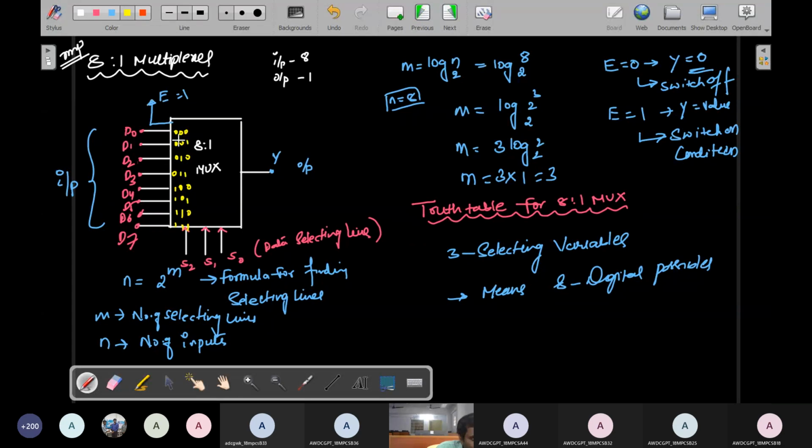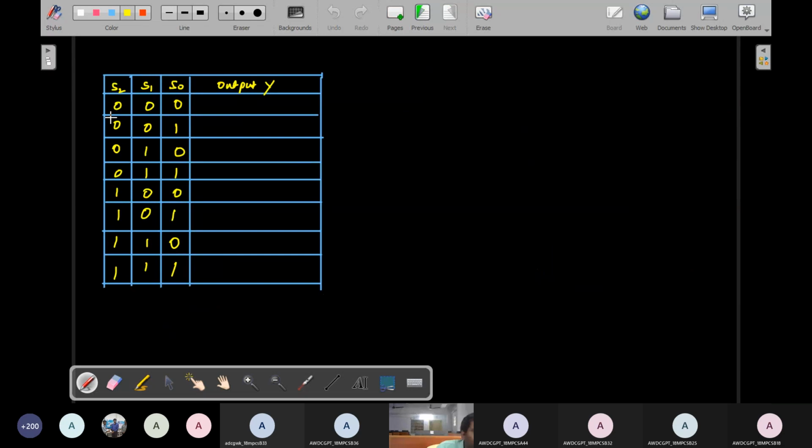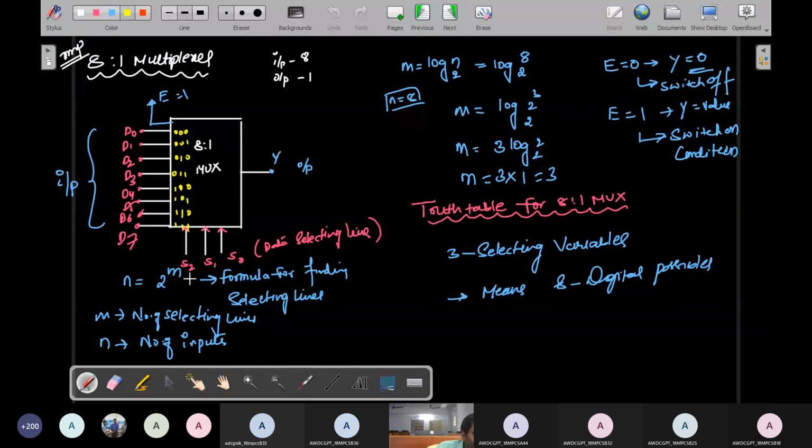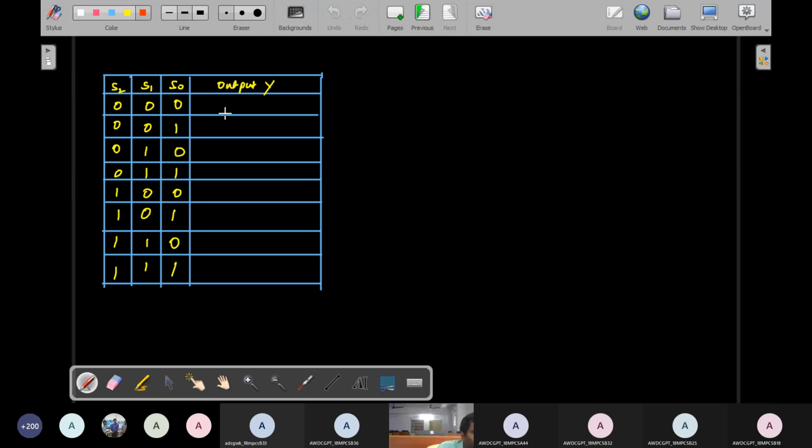So the first input D0 always gives 0 0 0 binary digits, D1 gives 0 0 1, D2 is 0 1 0, and D3 is 0 1 1. If all the selecting inputs are 0 0 0, then your output is directly connected with the first input, so your output is D0.